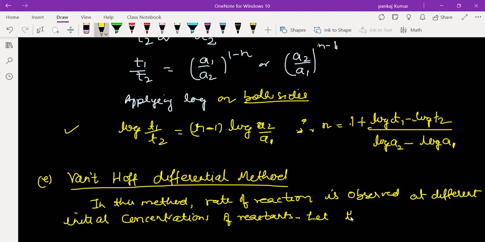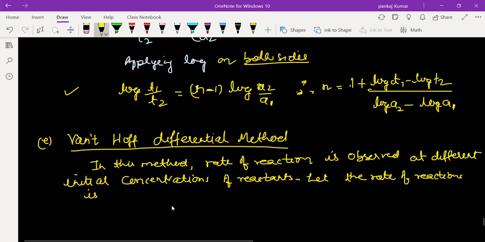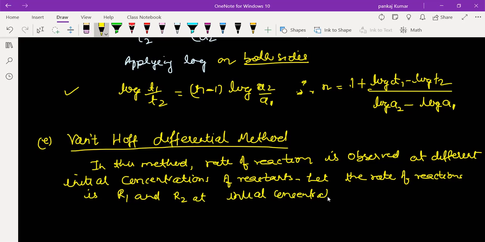Let the rate of reaction be R1 and R2 at initial concentrations C1 and C2 respectively.